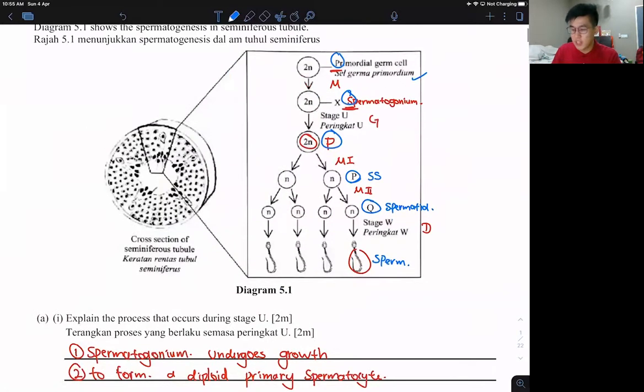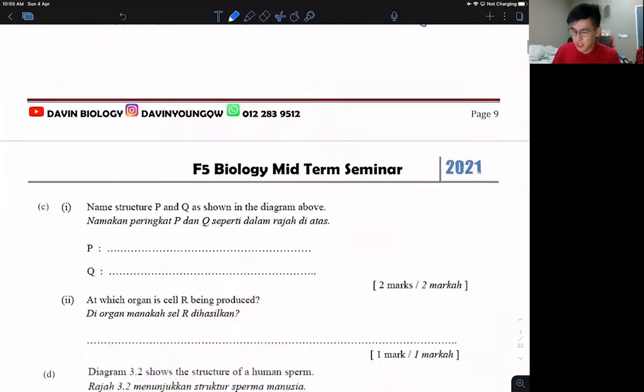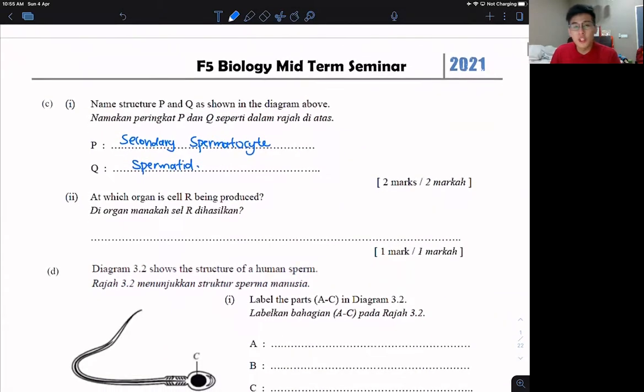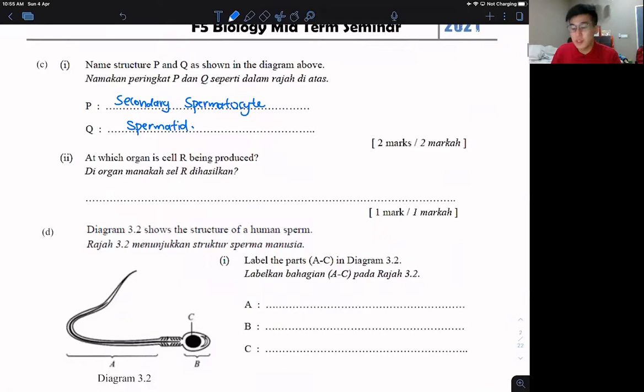So spermatid and sperm are the last two. So secondary spermatocyte and spermatid.